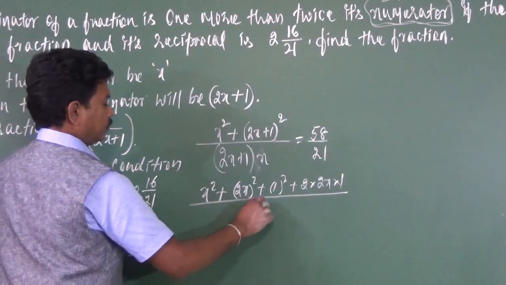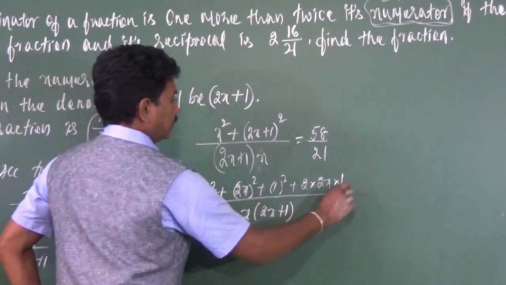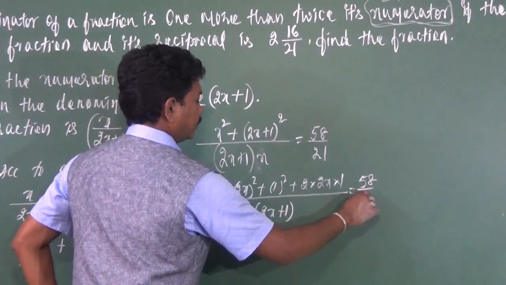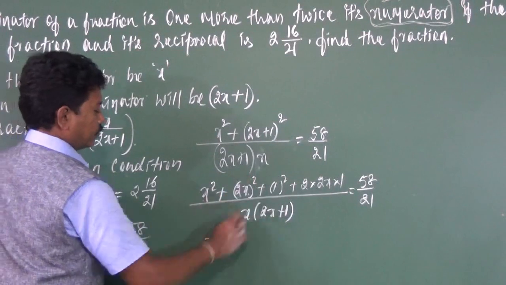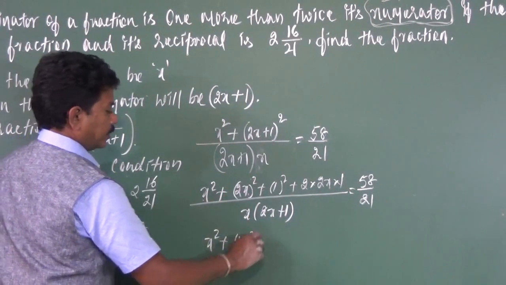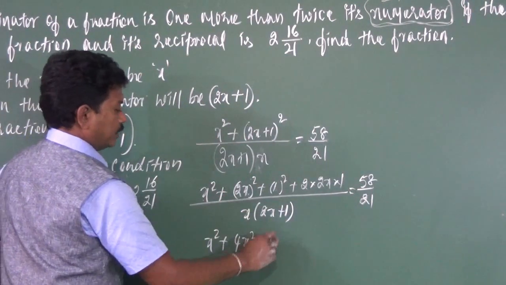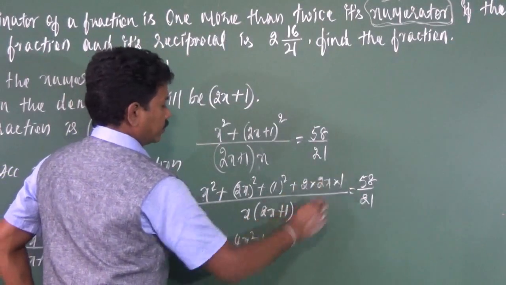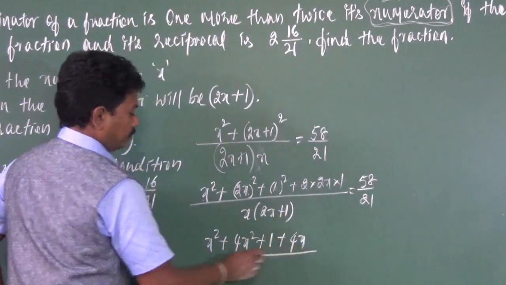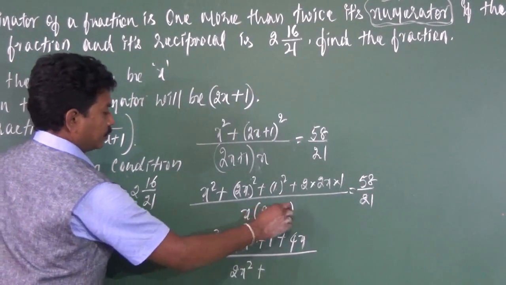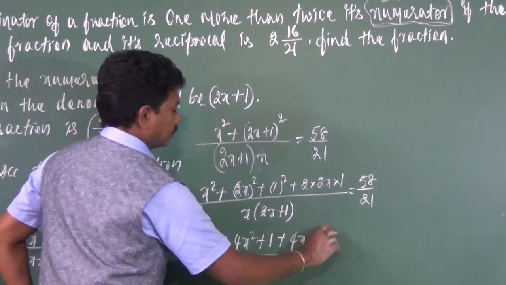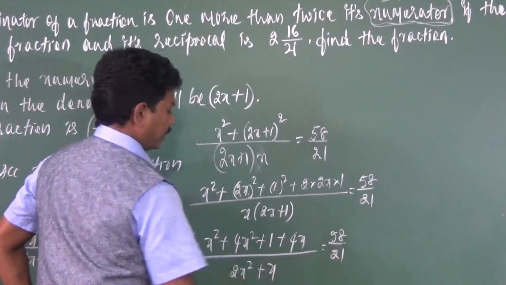So x square plus 2x whole square is 4x square, plus 1 square is 1, plus 2 into 2x into 1 is 4x, by x into 2x is 2x square plus x, is equal to 58 by 21.